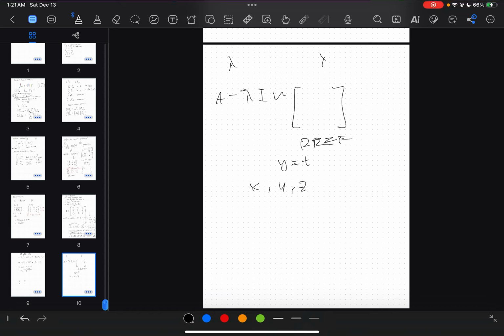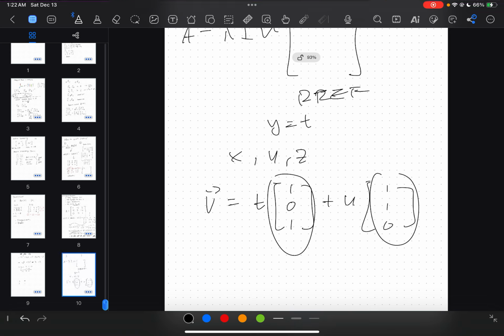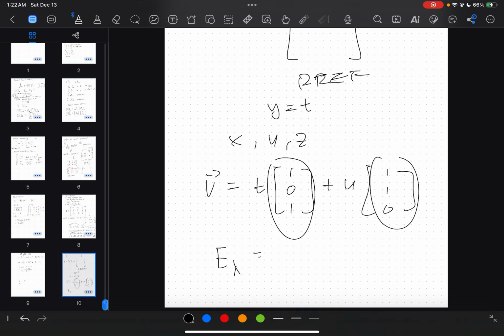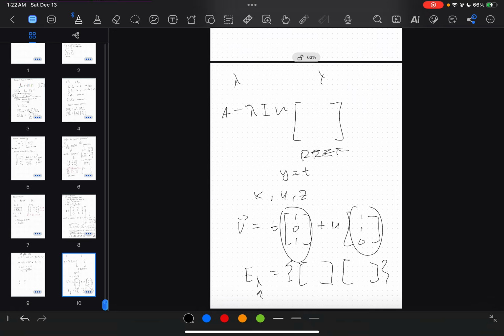And then we write vector v equals t(1, 0, 1) plus, if there's another one, u(1, 1, 0), etc. And then these become, whatever this is, equals basis of these two. This is not the index, this is the actual number, the actual eigenvalue.